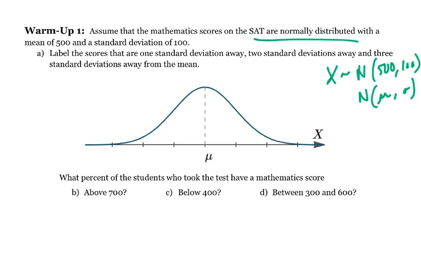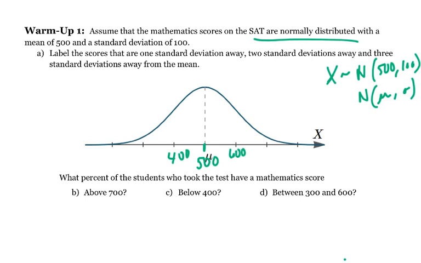Okay, so we are going to label the scores that are 1 standard deviation away, 2 standard deviations away, 3 standard deviations away from the mean. So our mean, they told us what our mean is. So this mark right here representing scores is 500. So 1 standard deviation to the left is 500 minus 100. So that's going to be 400. And 1 standard deviation to the right is adding that standard deviation.